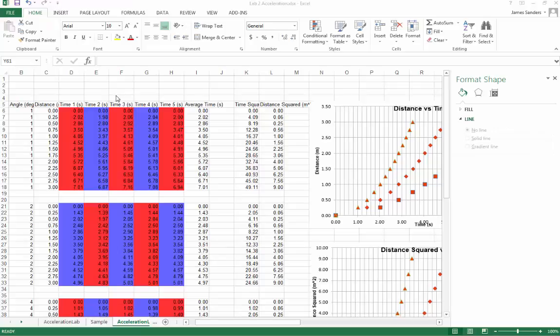So I have right here an Excel spreadsheet, and I've put into the spreadsheet the data that I got for several trials. There's 5 trials. This is following the directions in the lab handout, which basically say that you should do multiple trials at each angle.